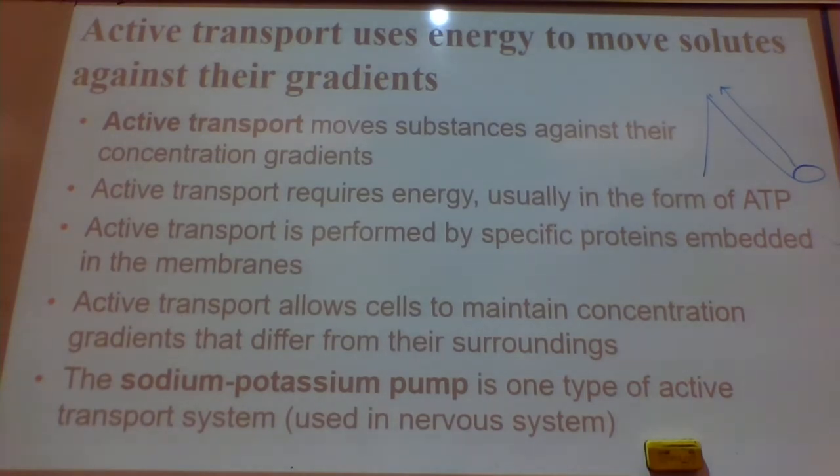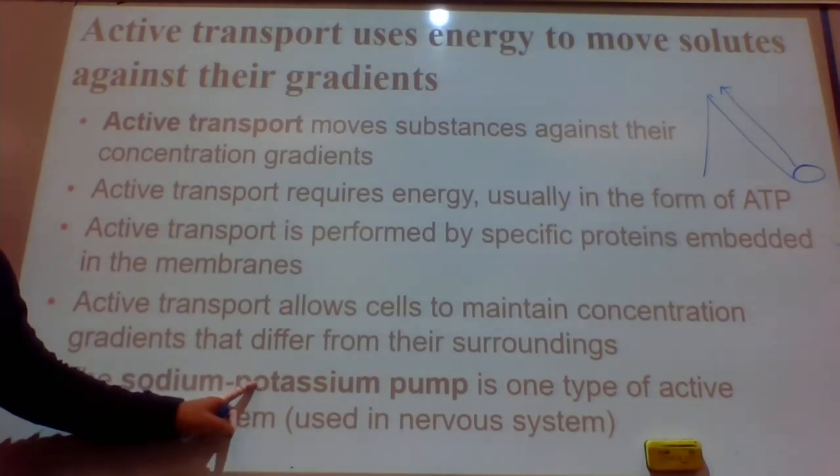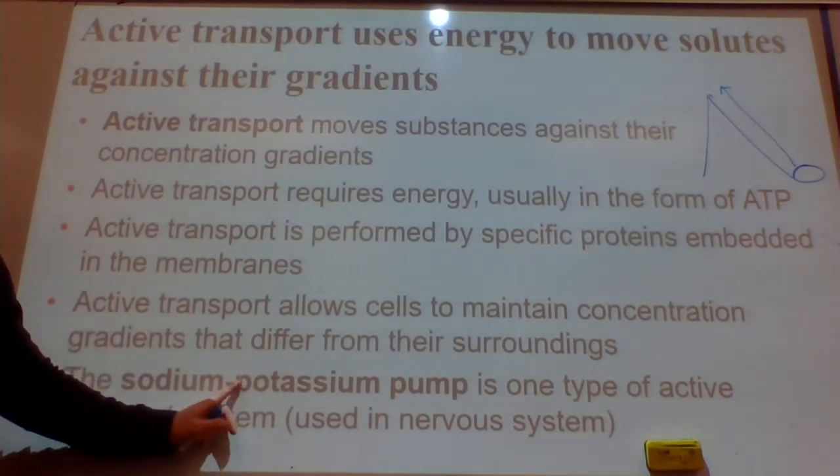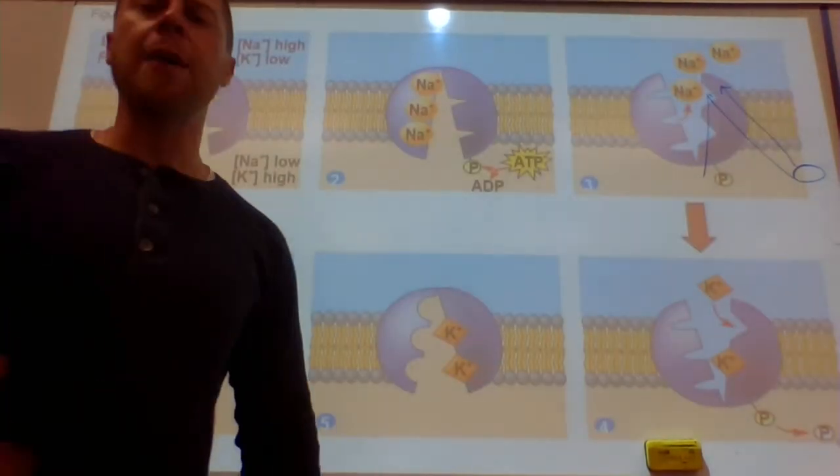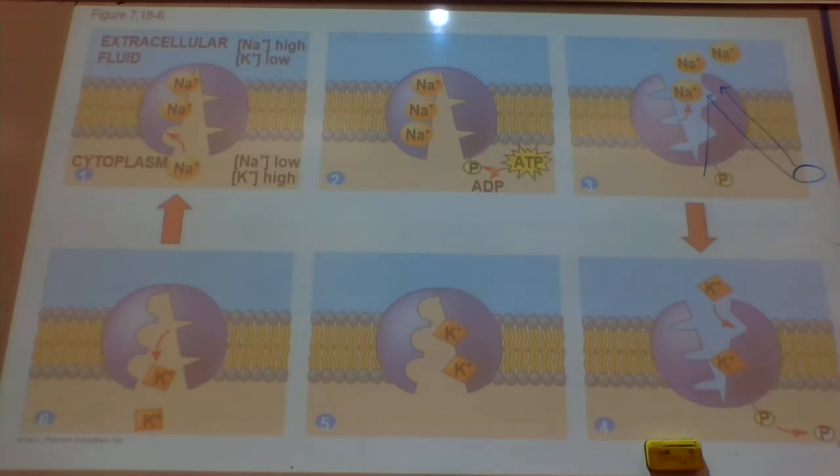The best example of this in the body, the most important example of this in the body, is a really important pump called the sodium-potassium pump. And the sodium-potassium pump plays an absolutely vital role in the nervous system. Right? The nervous system would not work. Your nervous system would not be able to generate electricity without a pump called the sodium-potassium pump.